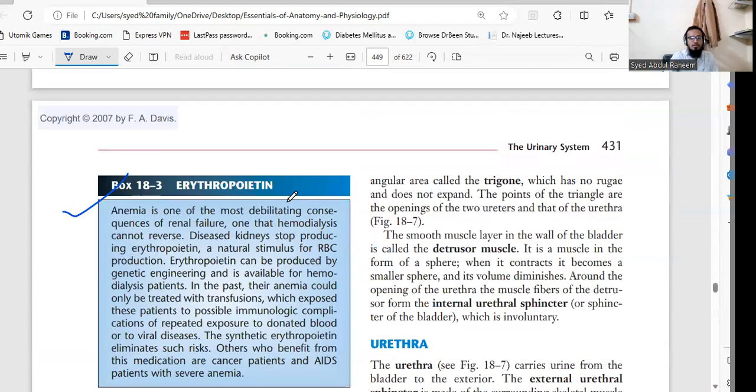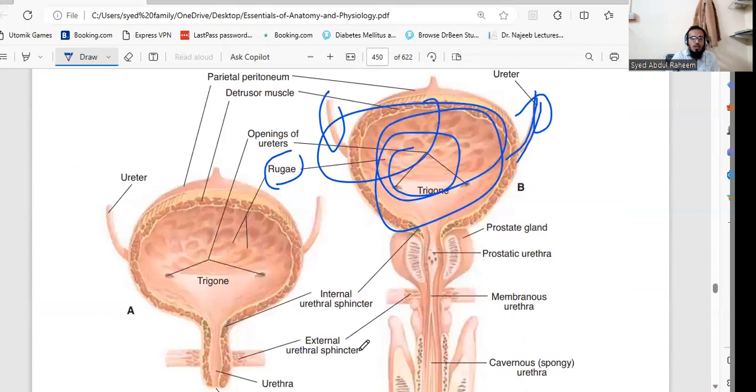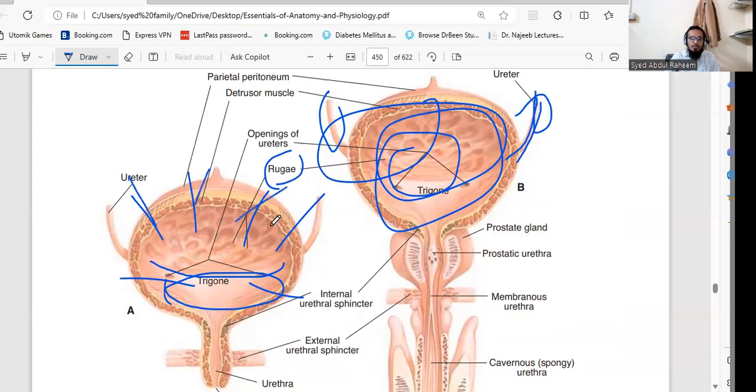So this is very important. In some parts we have other things. This area is the trigone. This area is expandable, but the trigone is not expandable. If it expanded, a tear might happen and it would affect this area. So only this part is expandable and this part is not, so urine flow happens easily.